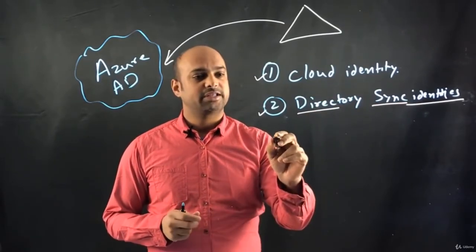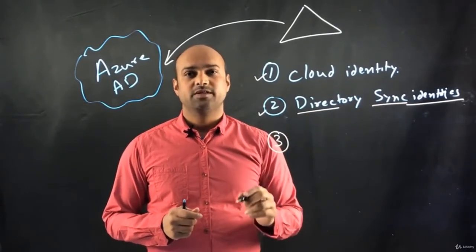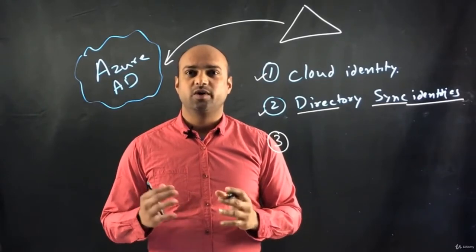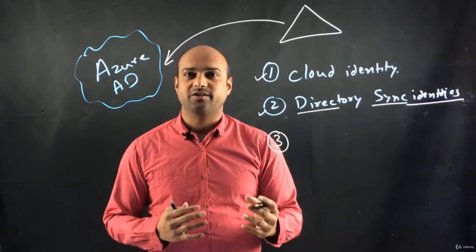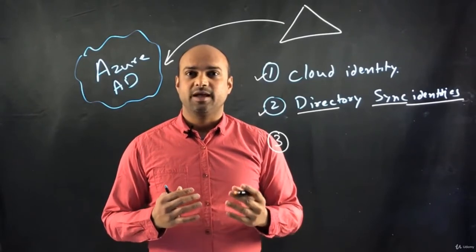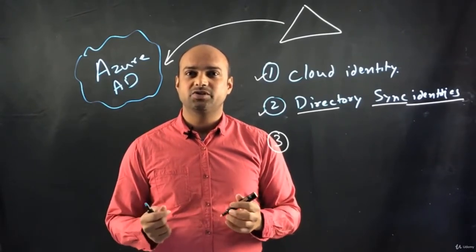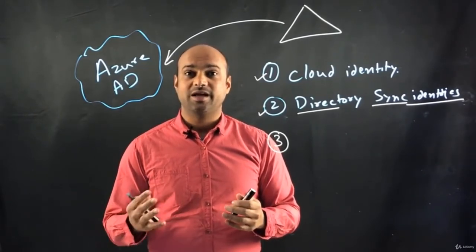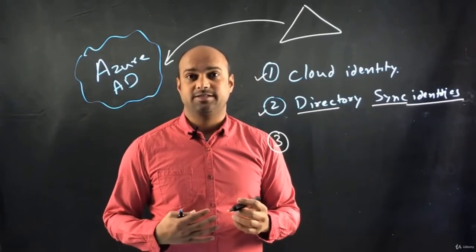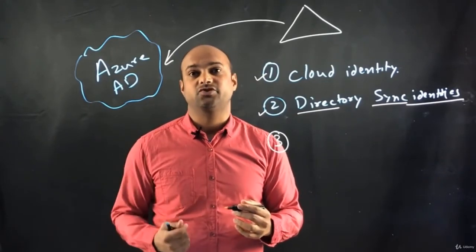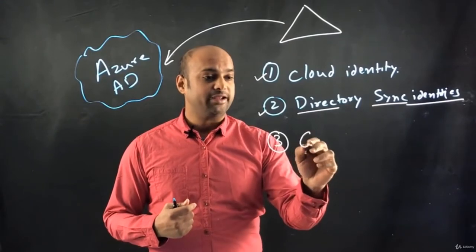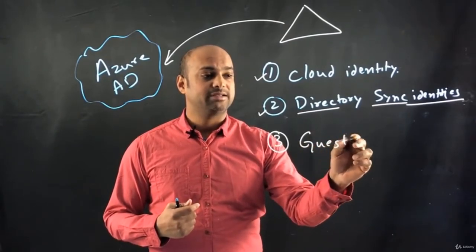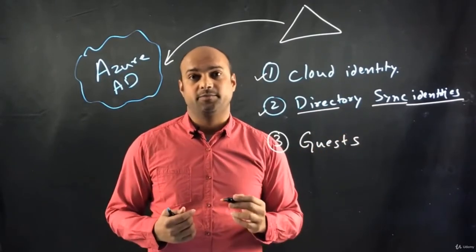Okay, so there is a third account as well. There are situations where you work with externals or contractors or third-party companies, and you would like to grant permissions to them so that they can manage your virtual machines, let's say, or your databases in Azure. In that case, you will invite them as guests to your directory.